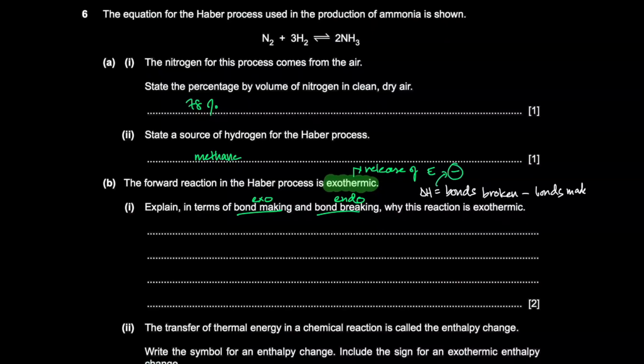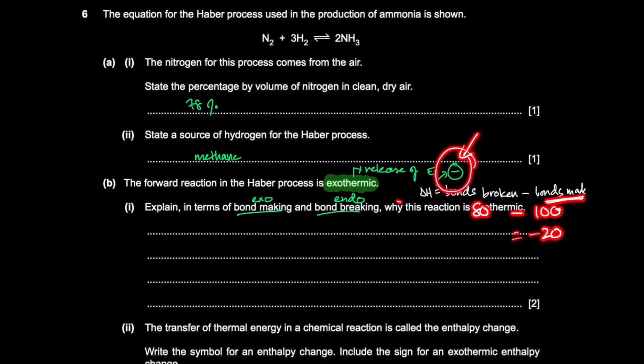So then which is bigger, bonds broken or bonds made, if the overall change is negative? If bonds broken was, let's say, 80 and bonds made was 100, then the overall change is negative, right? And we know that the overall change must be negative.